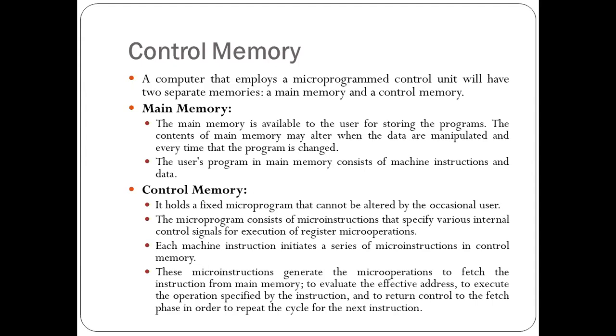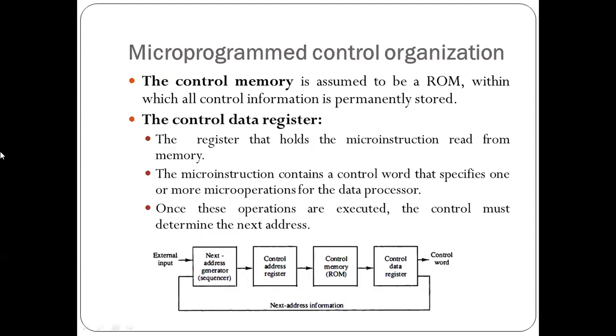The microprogrammed organization also has a cycle of operations. We will have one block called the next address generator, also called a sequencer, which sequences the microinstructions. The addresses of all these microinstructions, one by one, will be generated in this block.